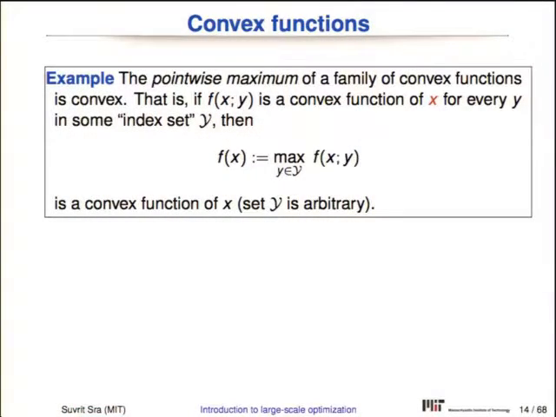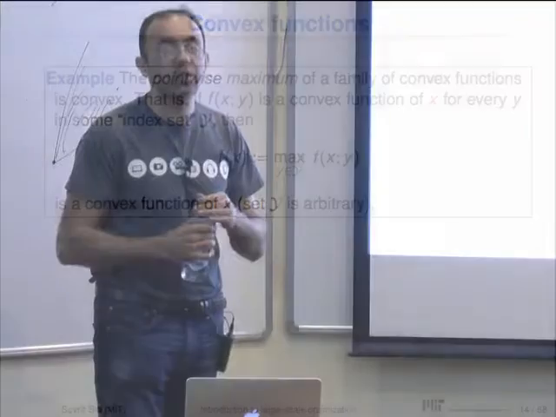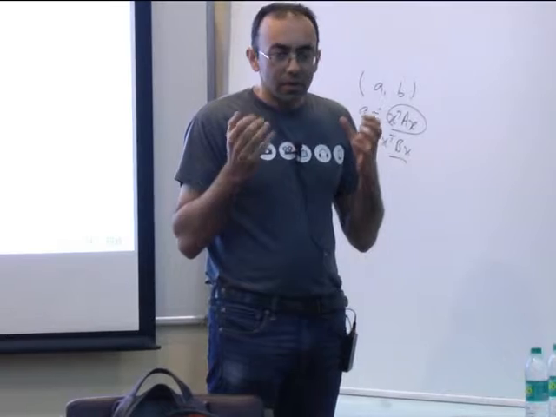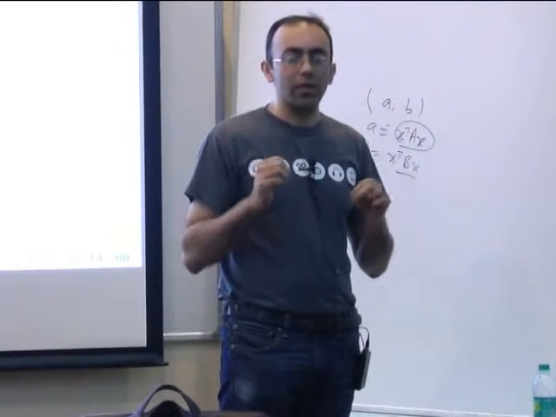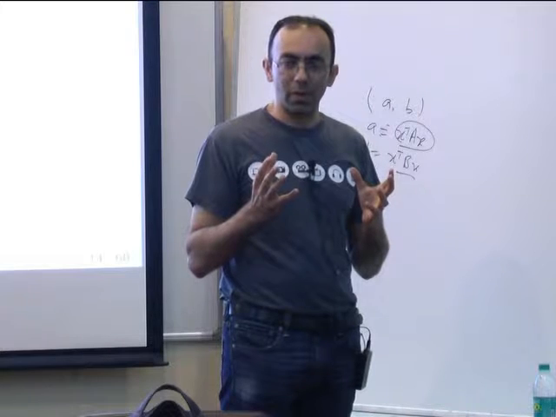Okay, one of the most important ways of constructing convex functions is this theorem or this example. Because remember, the reason I'm talking about convex functions is because we will see soon enough that for many machine learning problems or many statistics problems, estimating or solving a model involves solving a convex optimization problem.